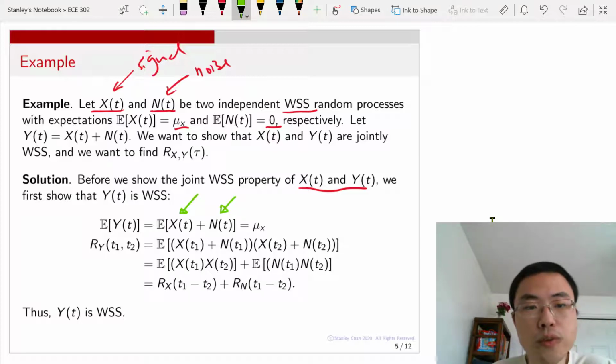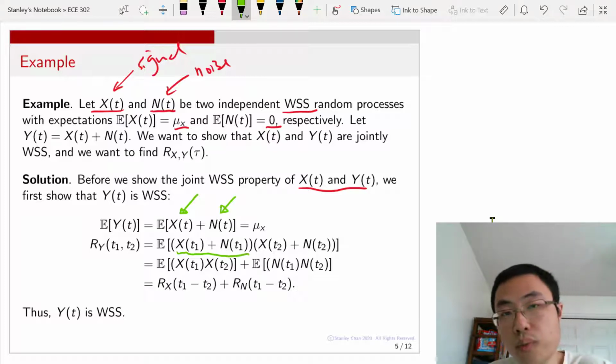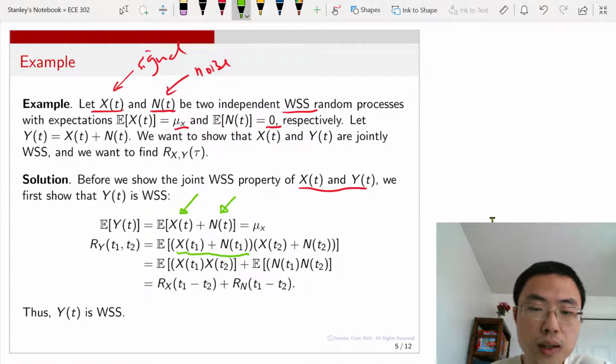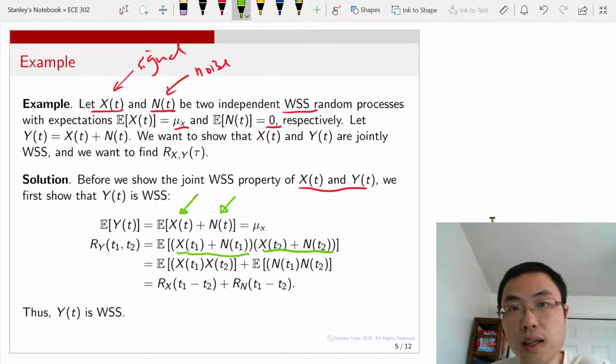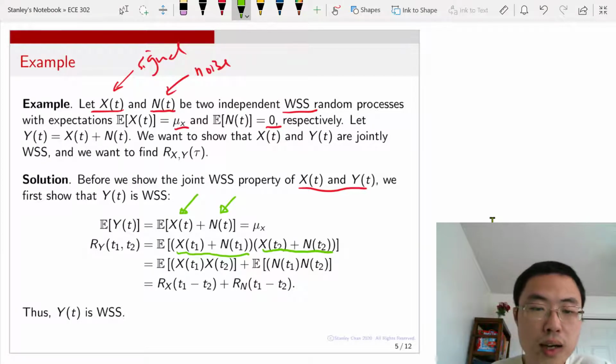For the autocorrelation function of y, I am evaluating at two different timestamps, t1 and t2, and therefore I'm looking at y at t1, which is x at t1 plus n at t1, and then I have x at t2 plus n at t2. I multiply them, but since they're independent, many of these product terms will be gone.